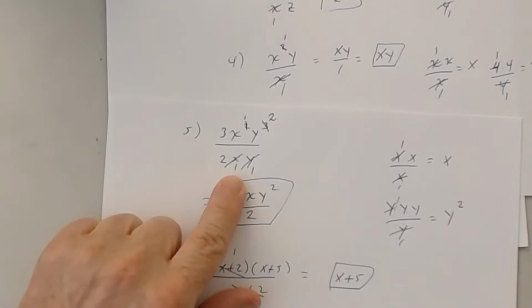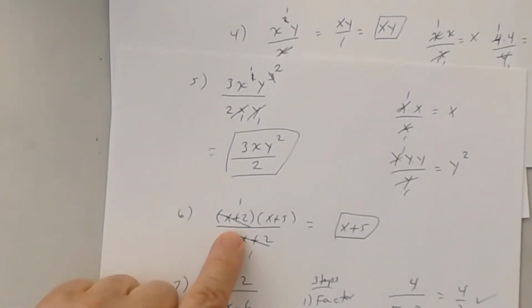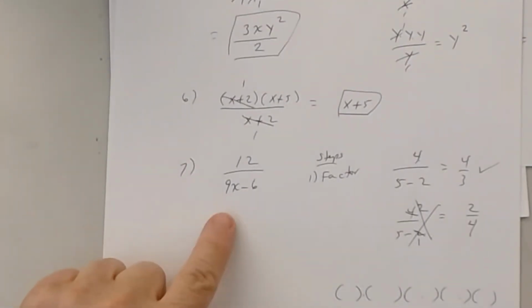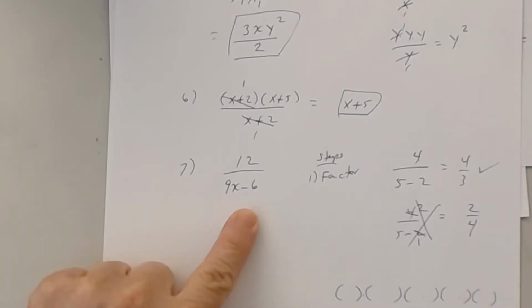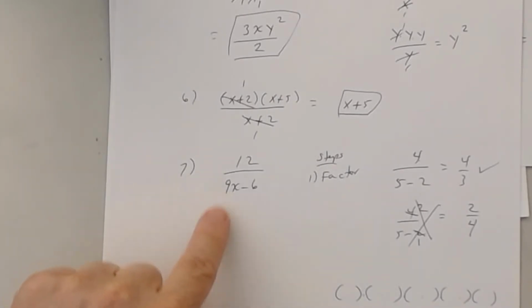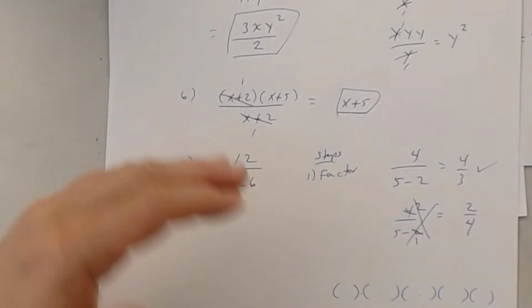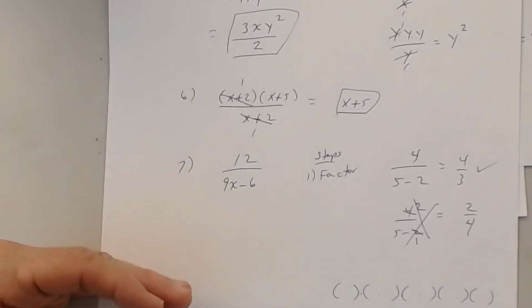No. Same thing here: x plus 2 times x plus 5. Did you hear me say x plus 2 minus x plus 5? No. What was the operation? Multiplication. When I come down here, though, this is 9x minus 6. So now you want to see if you can factor the numerator and factor the denominator.